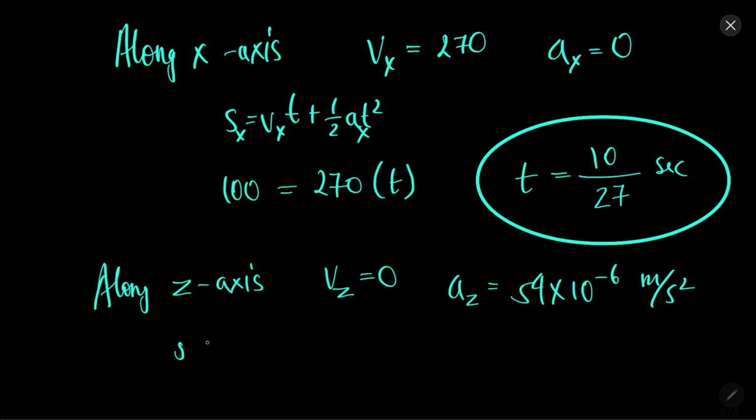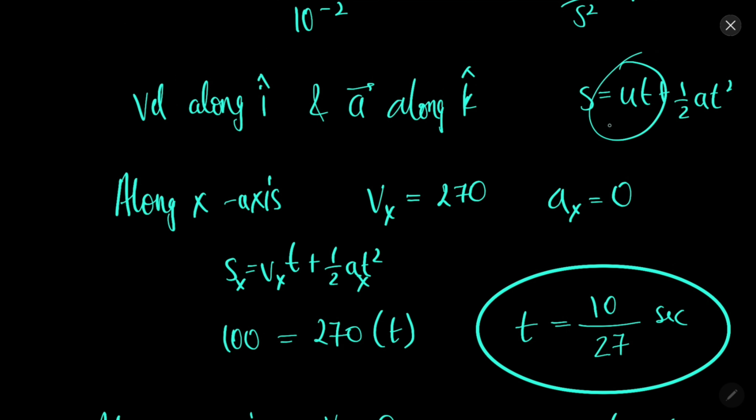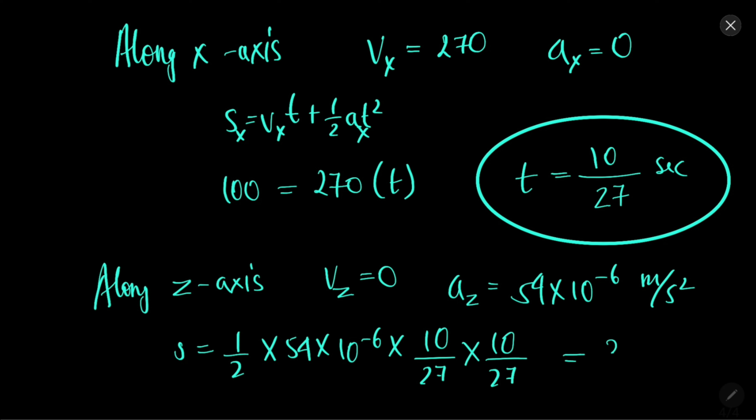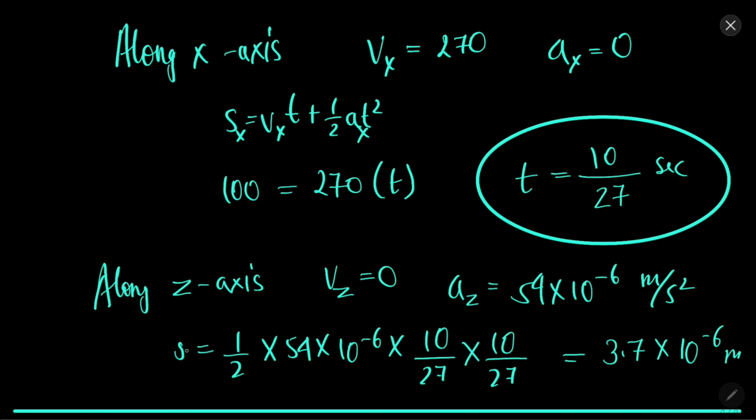So from here S will be half a t square, this part will be 0, only this part will be there, as velocity is 0. So it will give us displacement 3.7 into 10 to the power minus 6 meters. So this displacement is in z direction.